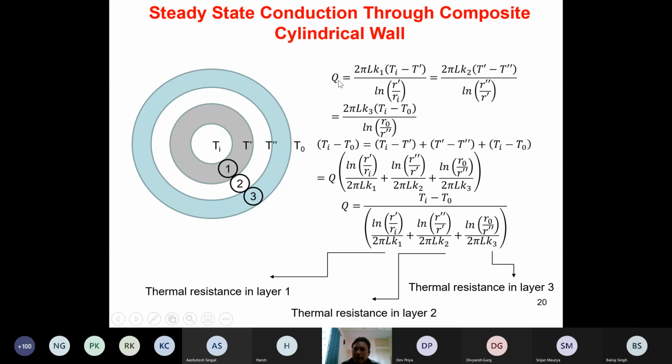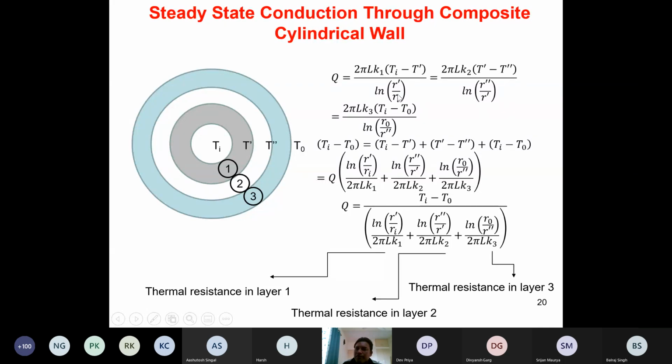So here the rate of heat transfer Q is obtained as 2 pi Lk1 (Ti minus T dash). So Ti minus T dash, this T dash is at this interface here, is going to be the temperature difference for the first cylindrical slab, divided by ln R dash by Ri, because R dash is the radius at this interface.